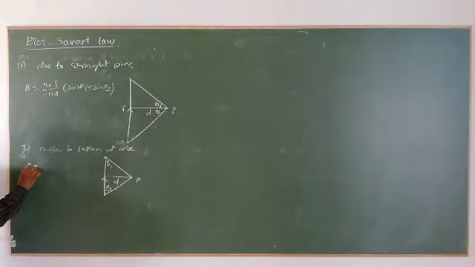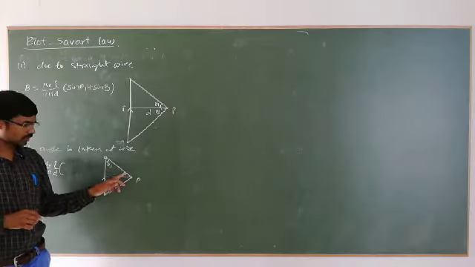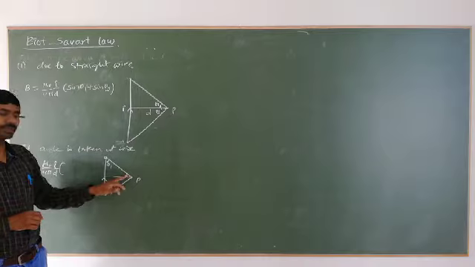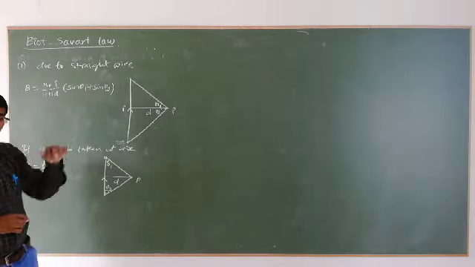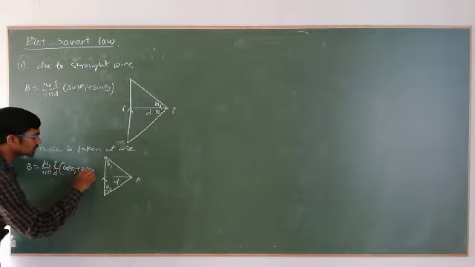B is equal to mu naught by 4 pi I by d into... but in that expression, this angle we need to take. So this angle, what do you get? 90 minus theta 1. Sin(90 minus theta 1) is cos theta 1. That is equal to cos theta 1 plus cos theta 2.